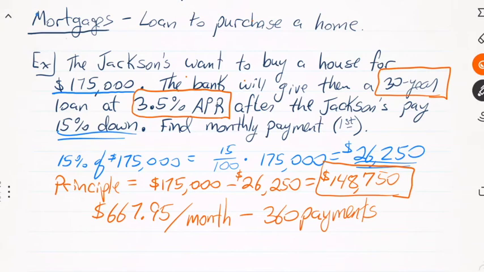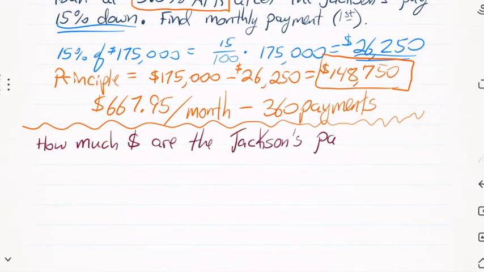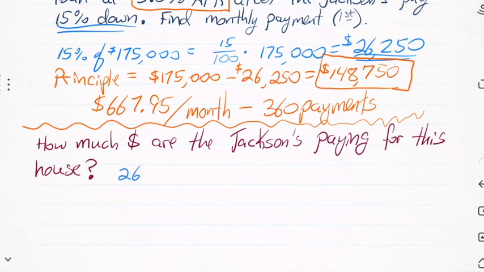So my next question would be, how much are they paying for this house? If we're looking for how much the Jacksons are paying, we have to account for all the money that has come out of their pocket. The first thing that came out of their pocket was the $26,250, the down payment.